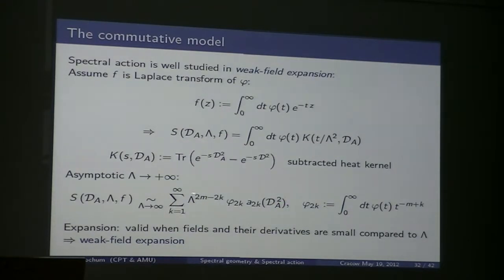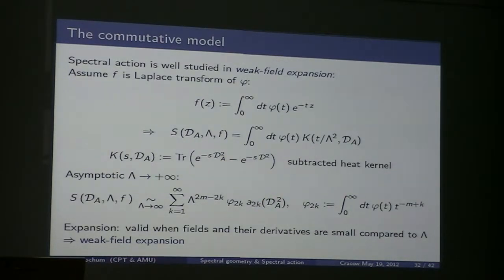You have powers of lambda, so 2m is the dimension, minus something. This k goes from 1 to infinity, times a coefficient which depends on phi, which is a moment of phi, times something which depends, of course, on your operator.